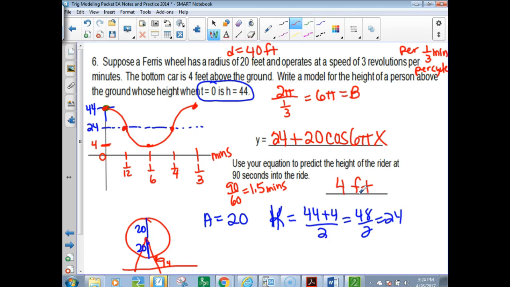I had somebody last hour say, couldn't you just use the graph to think of that? 1.5 cycles. Half is at 4, so 1.5 would be back at 4. But that was just a coincidence. It said at 90 seconds. So what if it said 70 seconds? And then he said to me, well, then I'd plug it in. I was like, okay. Right.